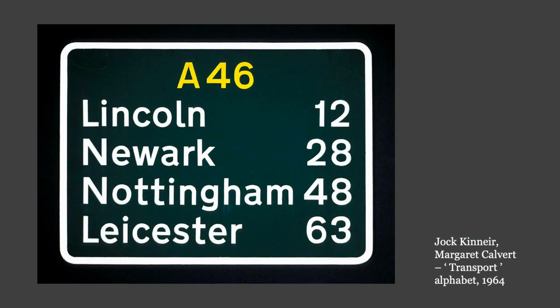Another impact of Standard was the new traffic signs developed for the motorways and then for all the other main roads in Britain. The Transport alphabet of Jock Kinneir and his colleague Margaret Calvert was based on Standard. Yes, it has certain features that have been added a little conspicuously: the umbrella handle version of the letter L, the little tail, a bit like Gill Sans, that was added to the A. But effectively this is Akzidenz-Grotesk.